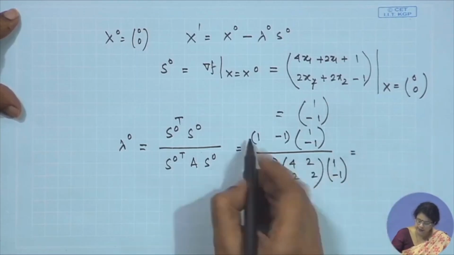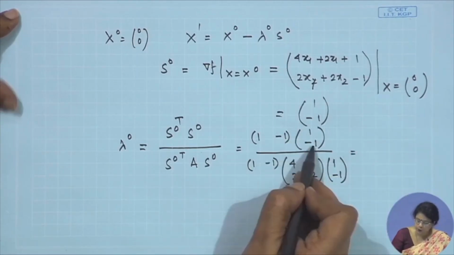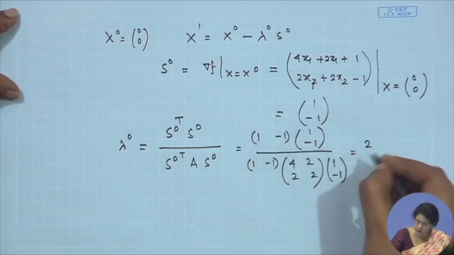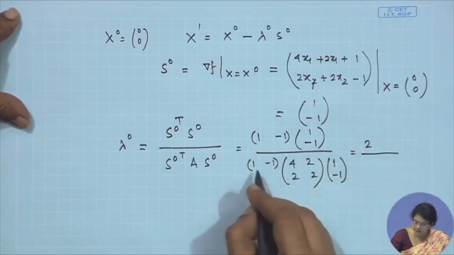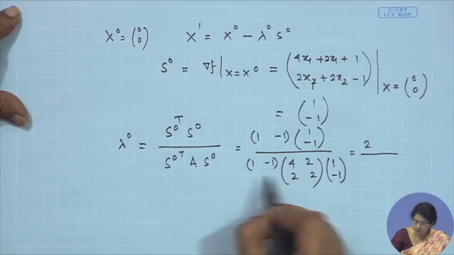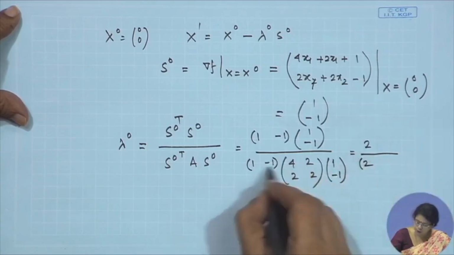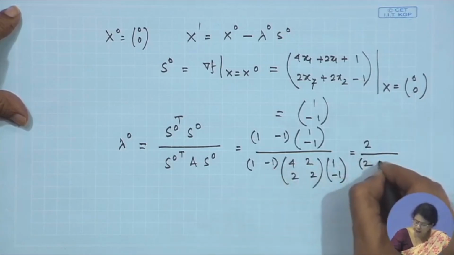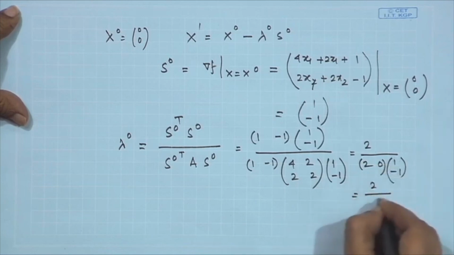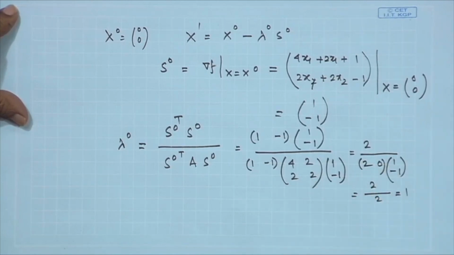If we calculate the value, 1 plus 1 gives 2, divided by 4 minus 2, 2 minus 2 plus 2, that is 2. This is equal to 2 divided by 2, which is 1.